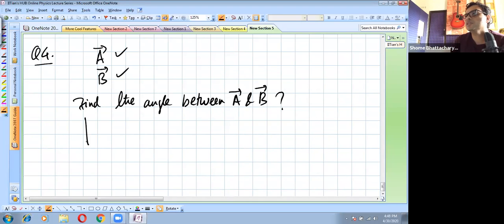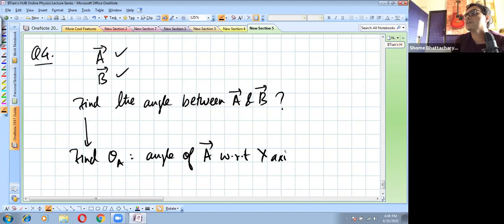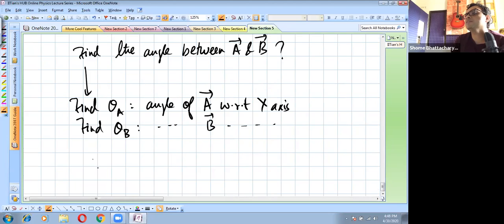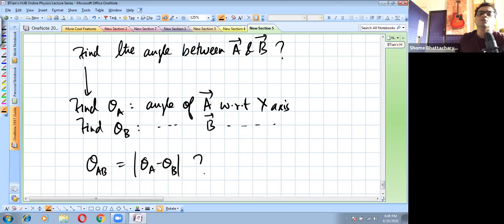First find theta A, that is the angle of the vector A with respect to the positive x-axis. Then find theta B, the angle of the vector B with respect to the x-axis. Then the angle of A with respect to B will just be the difference of these angles. Okay, so you'll be able to figure this out quite easily.